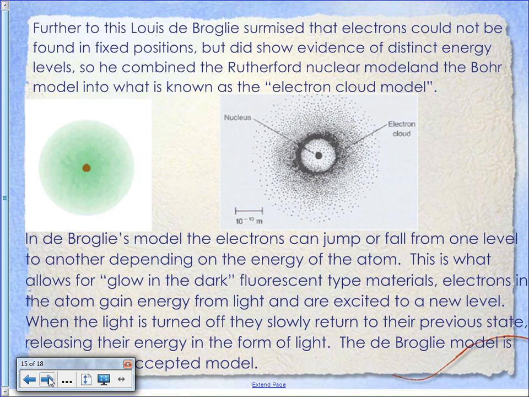So this is the model we currently accept. De Broglie's model is called the electron cloud model, and it says that electrons can be found anywhere in this area. Where they can be found depends on the energy they possess.